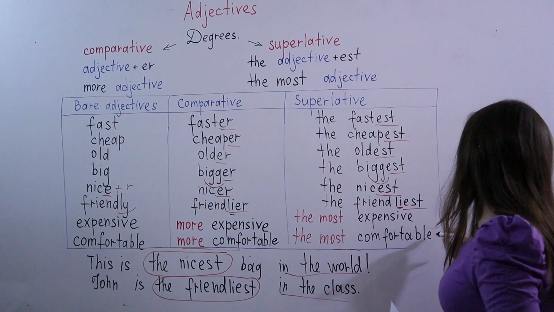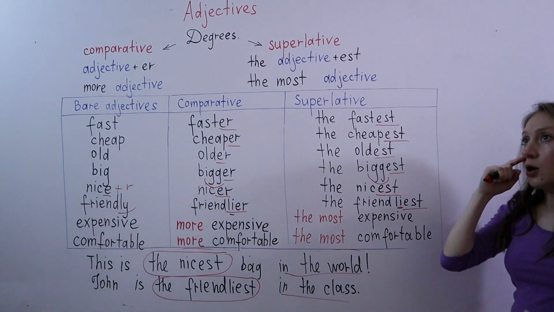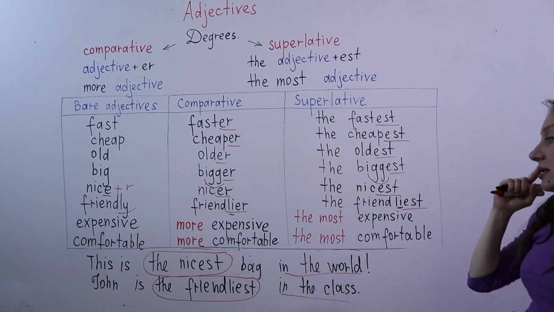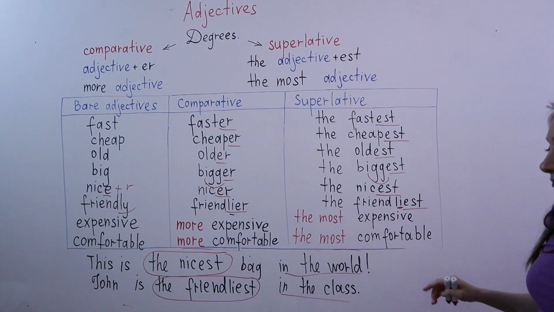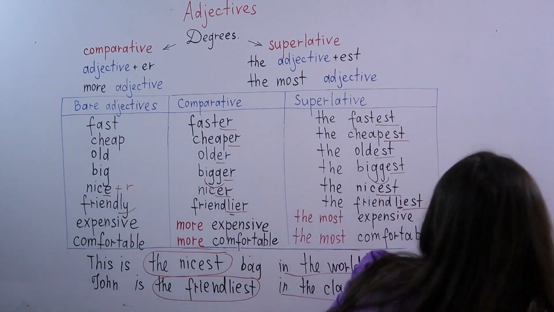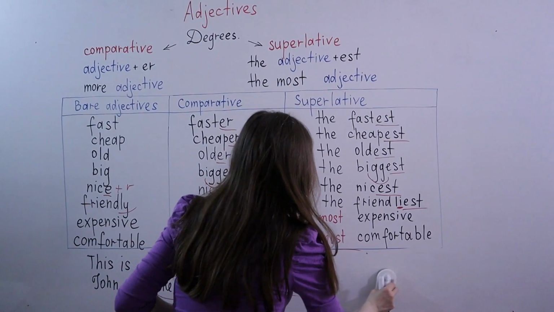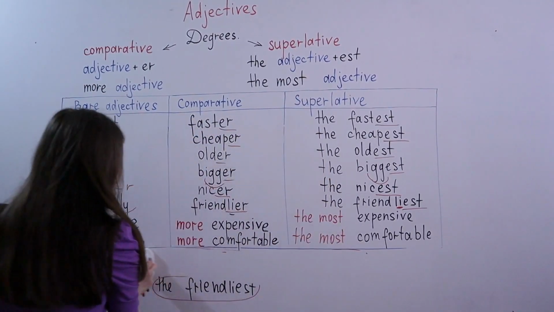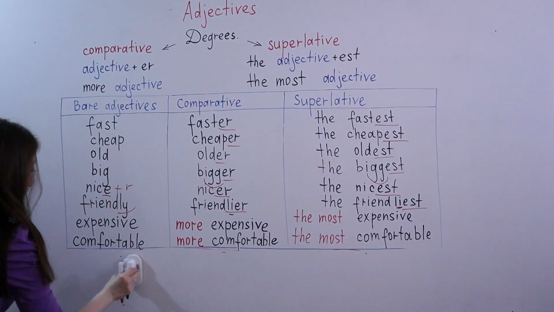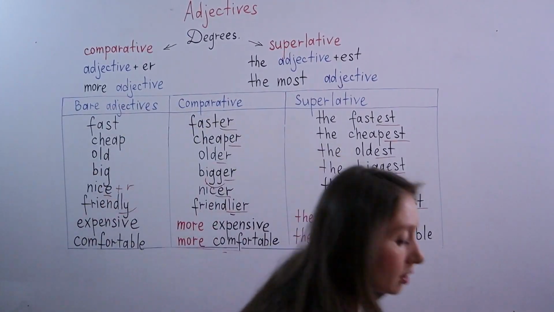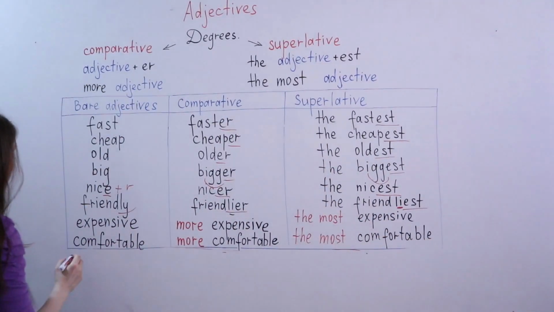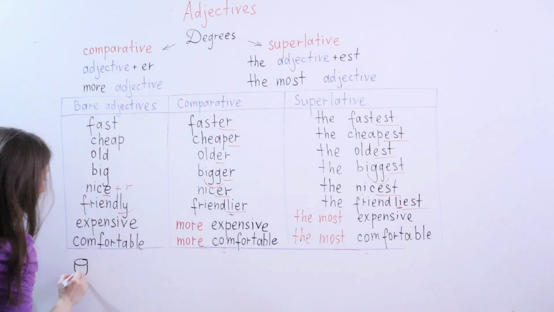And as usual, let's talk about our sentences. I will give you the example for the most expensive. All right? So, as usual, the picture of 3 cups.